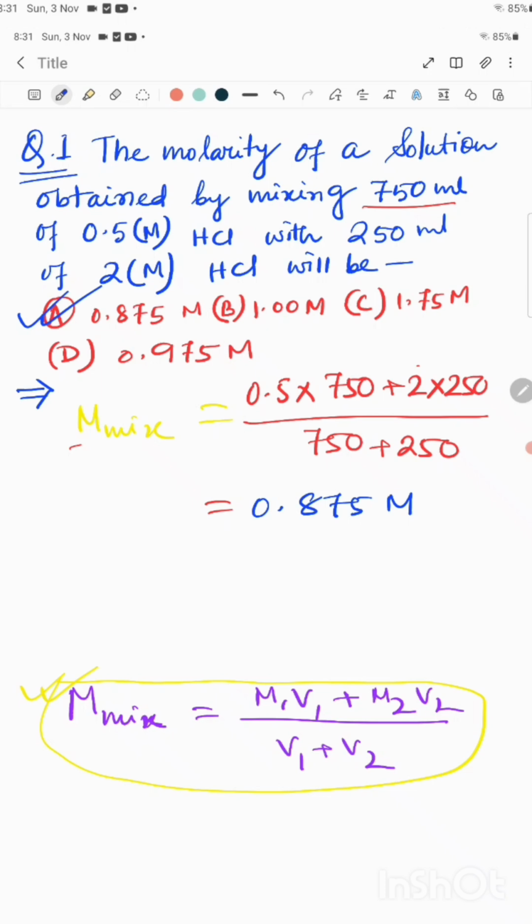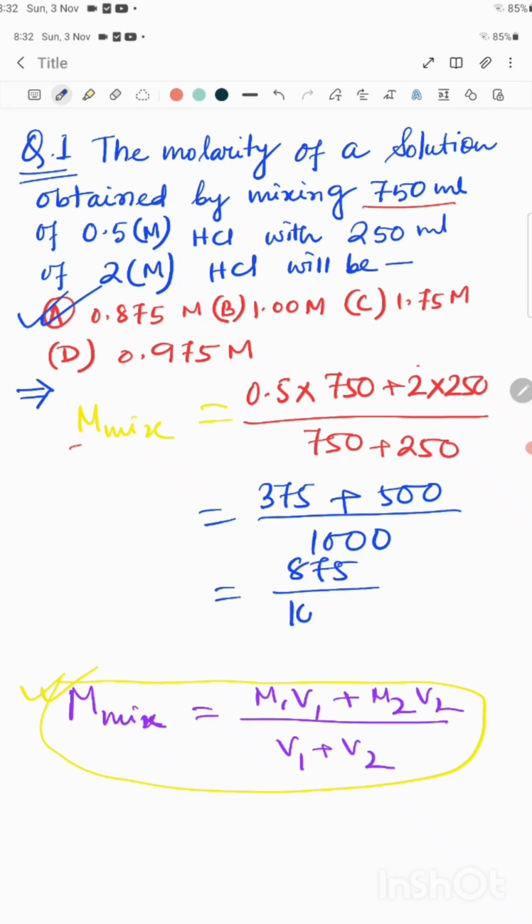In this way, calculation practice is also required, because in the examination you will not get a calculator. Without a calculator, if you want to calculate, no problem. 0.5 into 750 will come 375 plus 500 by 1000, so it is 875 by 1000, that means 0.875. Okay, is it clear?